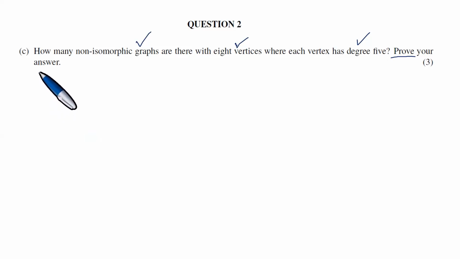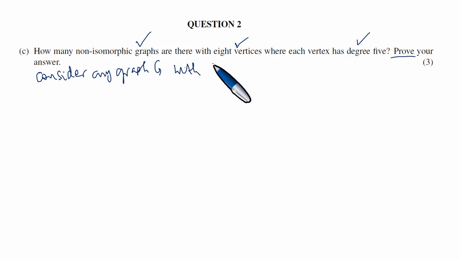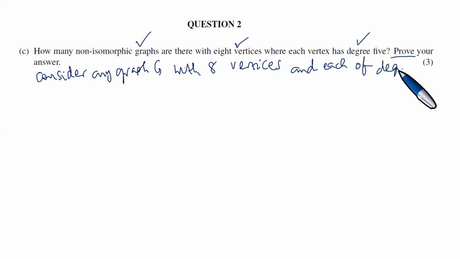Or one can actually consider any graph G with 8 vertices, each of degree 5, like we saw previously in the previous set of complements.